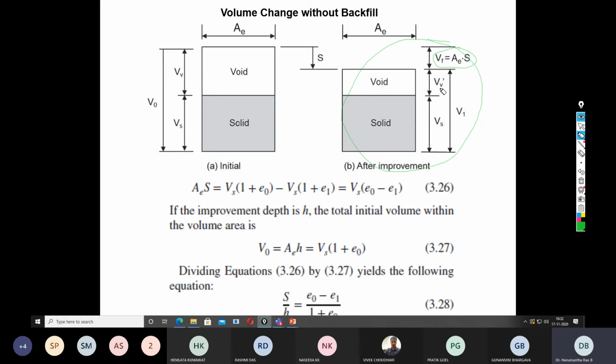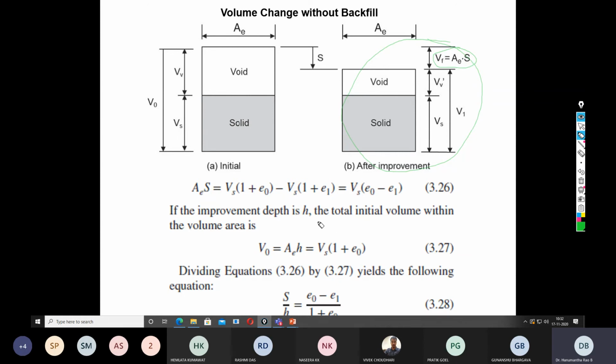Based on these relationships, Vf is equal to AE into S. So Vf is the initial minus the final void ratio. So AE into S can be related to Vs into e naught minus e1.